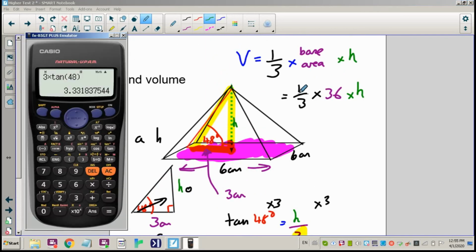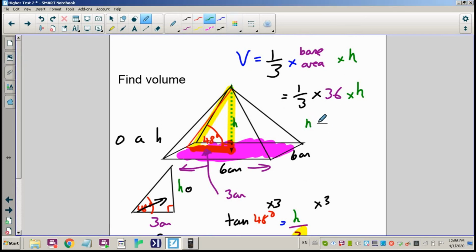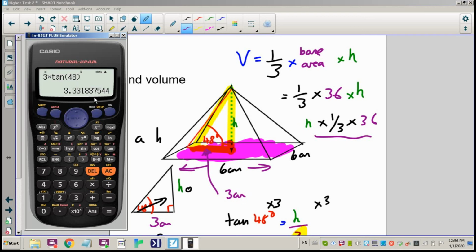The volume equals a third times 36 times h. Now with multiplication, the order doesn't matter. So I could do h times a third times 36. Why have I done all that? So that I can avoid typing in this number here again. So I do this number here times 1/3 times 36, then press equals 39.982.